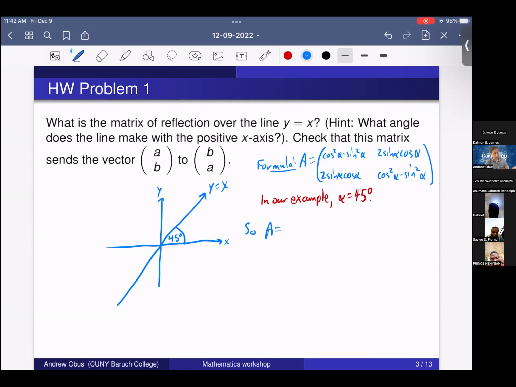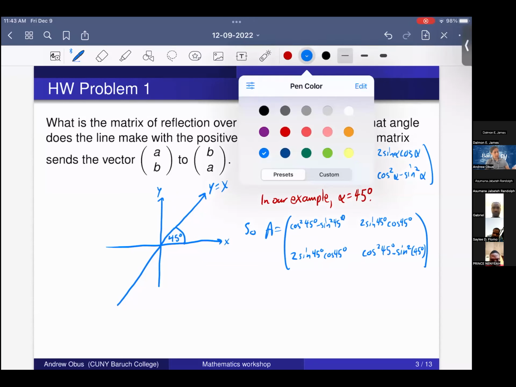This matrix is going to be cosine squared of 45 degrees minus sine squared of 45 degrees, and then 2 sine of 45 degrees cosine of 45 degrees, and then here 2 sine of 45 degrees cosine of 45 degrees, and then lastly cosine squared of 45 degrees minus sine squared of 45 degrees. Okay, so let's write down our values.